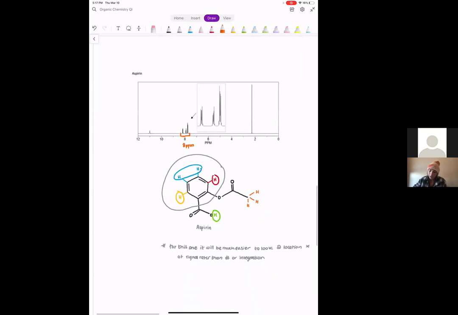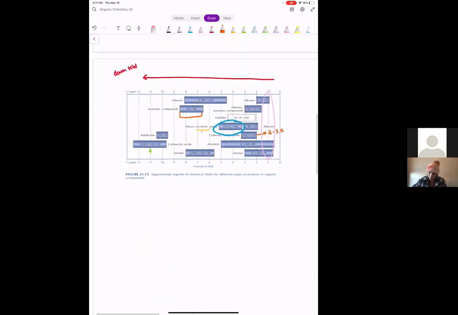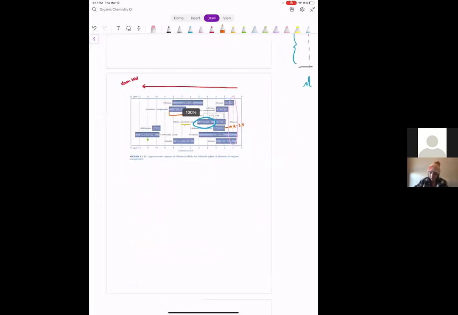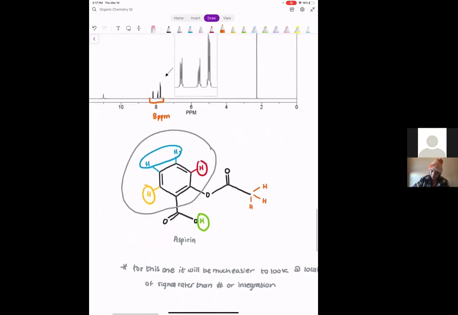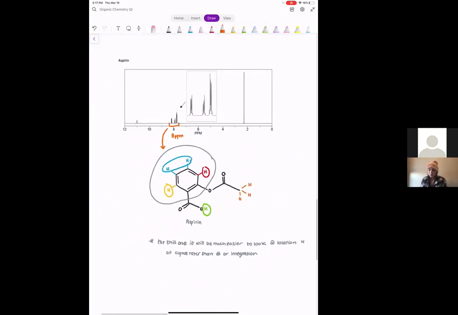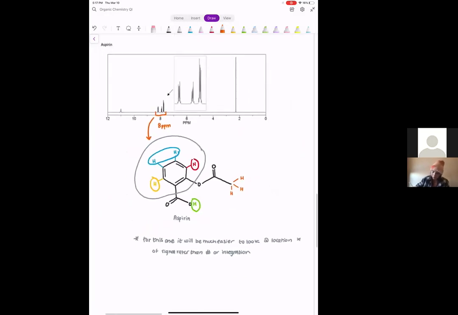Now, if we look at our chart, around 8 is an aromatic group, which we know makes sense because all of these could correlate right here. So now, if we look at this signal, it is a lot easier to read. 1 peak minus 1 equals 0 neighbors.